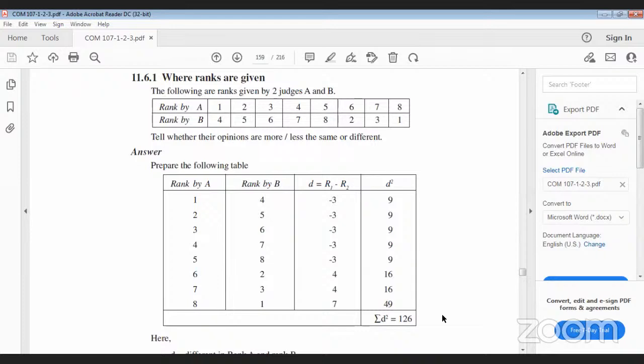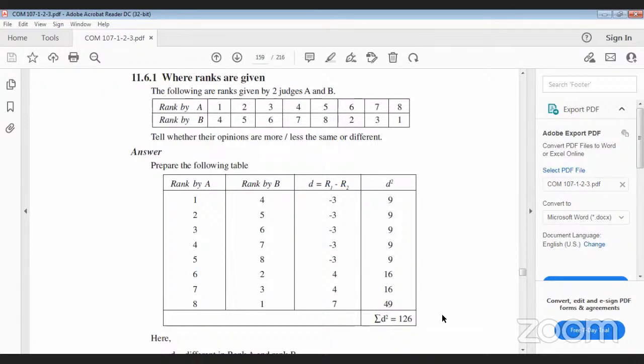Same here, 2 minus 5: we can subtract 2 from 5 and the answer will be 3, but the sign will be minus. Then 3 minus 6, the same: the answer will be 3 and the sign will be minus.